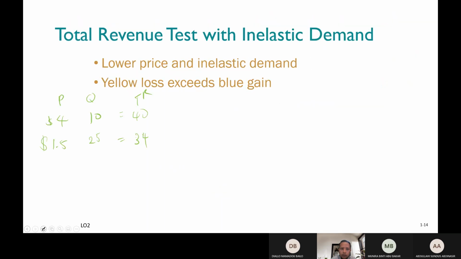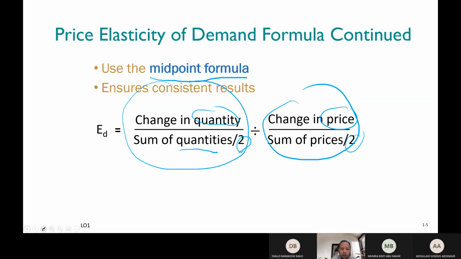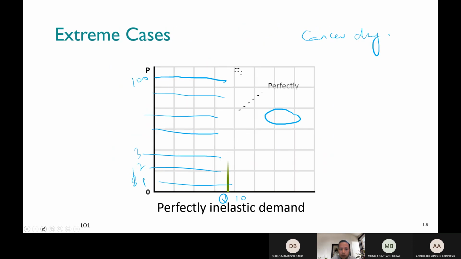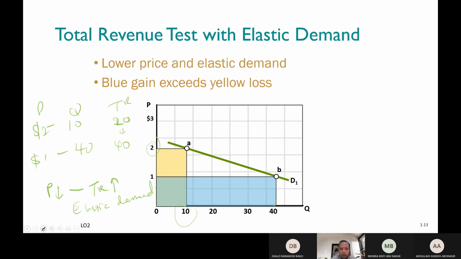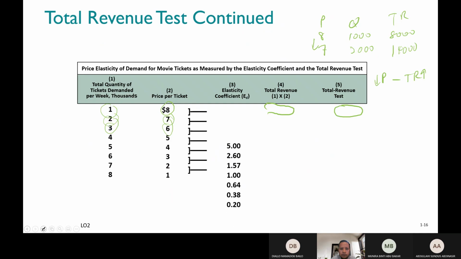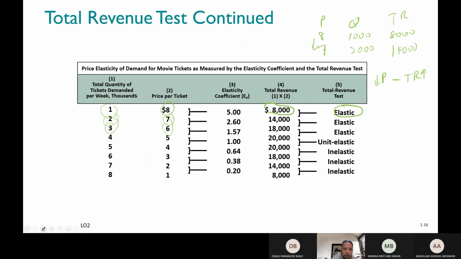We go back to the midpoint formula, okay, change in quantity over the sum of quantities over 2, and then divide by change in price over the sum of prices over 2, okay. So this is the midpoint formula.